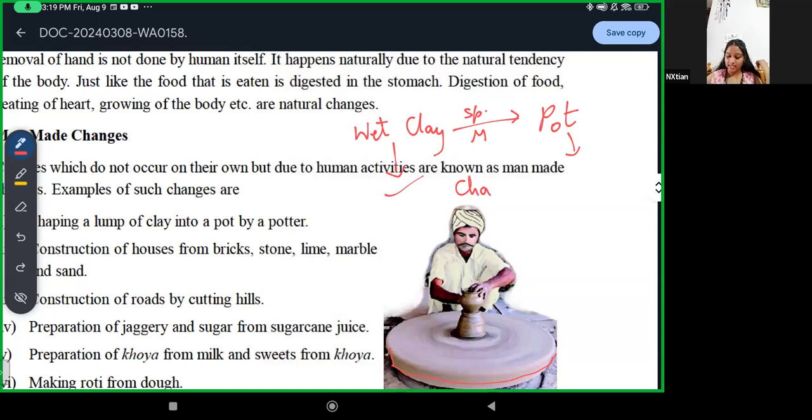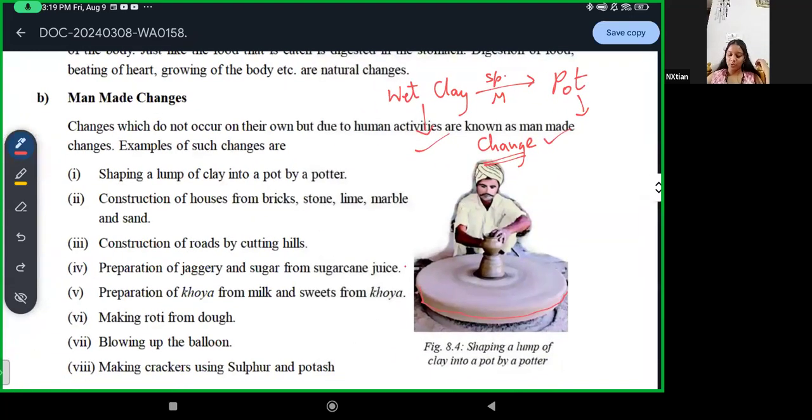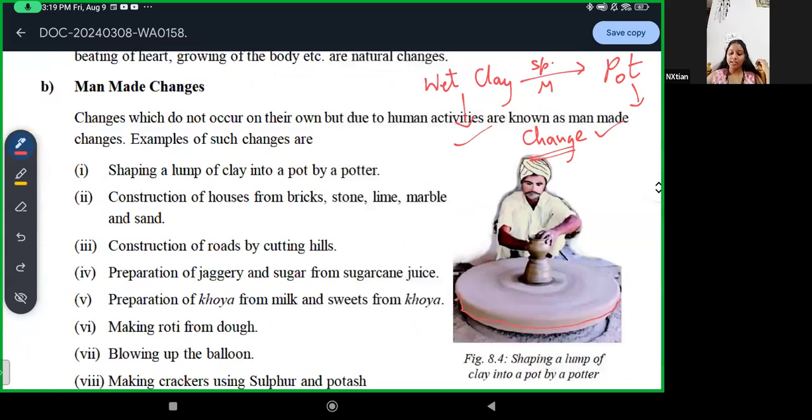And who is making it possible? The potter is making it possible. So that is why this is known as man-made changes, which do not occur on their own but due to human activities.